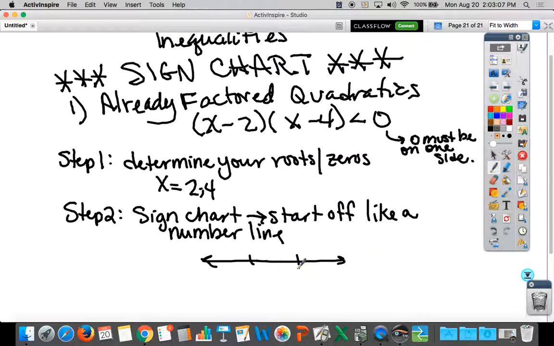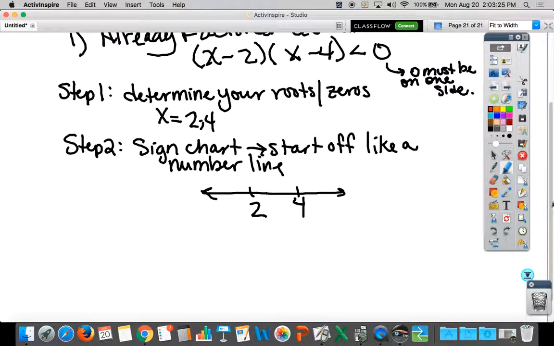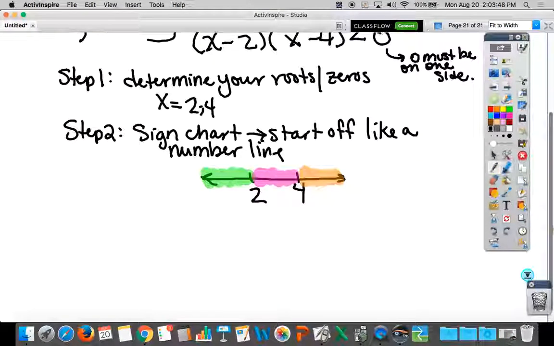Now, what would be the tick mark furthest to the left? 2. And what about the one furthest to the right? 4. Okay. So we're going to treat this as if it is a number line. Now, what I want y'all to notice is I want you to notice 3 sections. Okay? If you've got color pens or pencils, you might want to pull them out and use those.